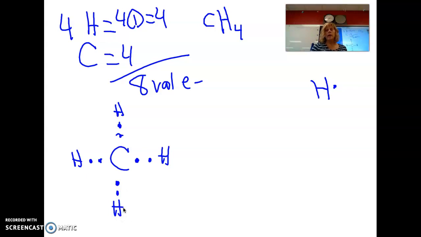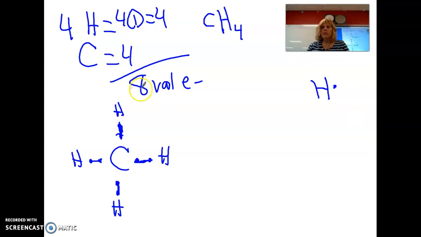And then I can just connect these shared electrons with a line. Lines represent 2 electrons. Okay, this is a little bit messy. However, each of these lines represents 2 electrons.